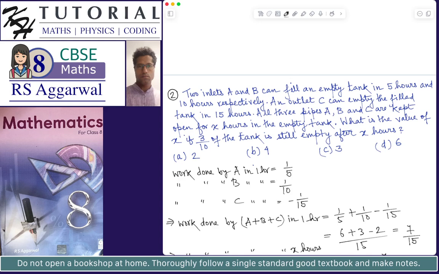All these concepts, how we apply them to solve the problems, you will get a better idea.